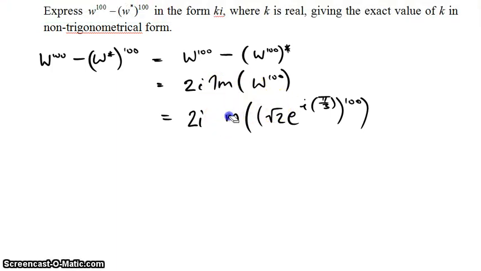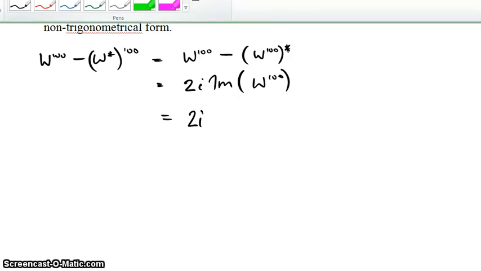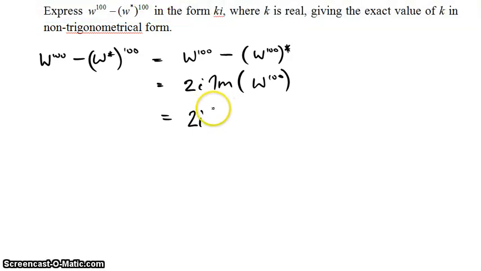Because I know the real part is 0. So I'm just going to write it in trigonometric polar form, where this would be 2 to the power of 100, then 0, which is the real part, plus i sine 100 times pi upon 3, right?